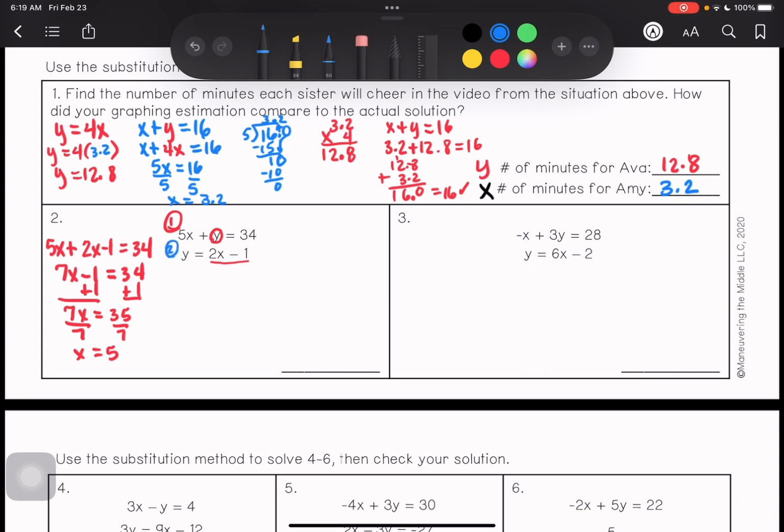Now we're going to take the second equation and substitute the value of x. So in place of x, we're going to put 5. A number next to a variable means multiply, so you need to multiply those. 2 times 5 is 10. 10 minus 1 is 9. So we're going to check it.